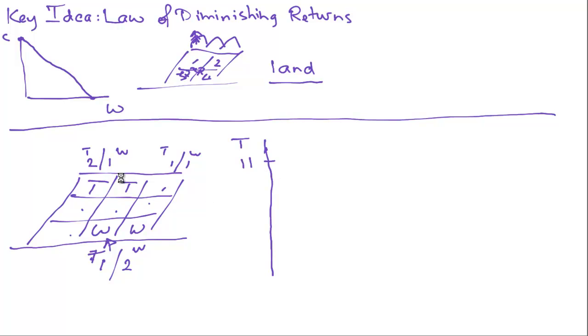Now, if we shift one field from timber into wool, logically you wouldn't use the land best for timber; you'd use the land best for wool. So we take one of these, and we get not just 1 but 2 extra lots of wool, and we give up 1 lot of timber. So we've gone down to 10 timber, but we've picked up 2 lots of wool.